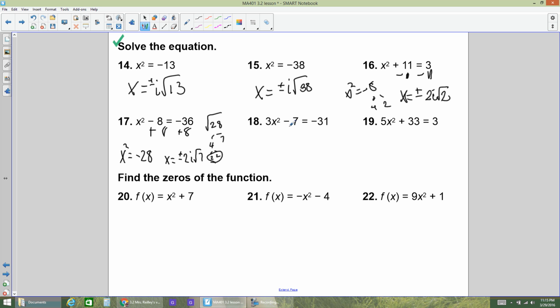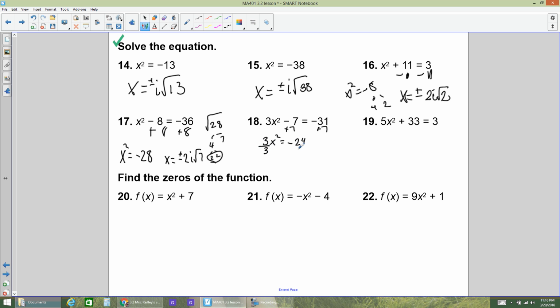Alright, over here first we're going to add the 7. So I get 3x squared equals, what's negative 31, so 31 bad guys, plus 7, 7 good guys. Negative 31 plus 7, we've got 24, and it's negative, so negative 24.